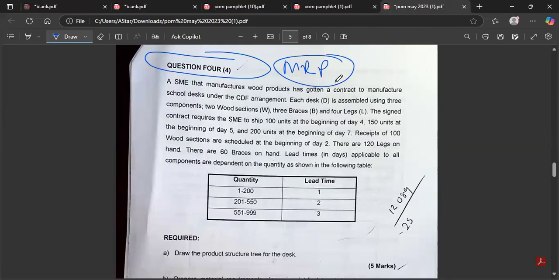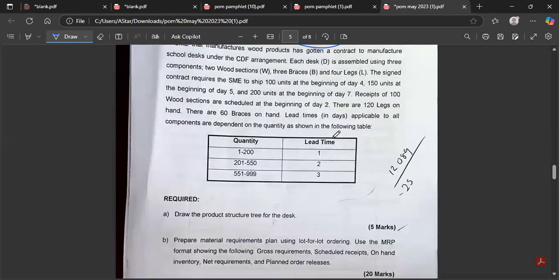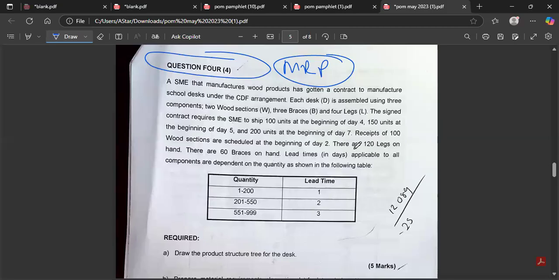Are we together? Let's read the question together. Somebody read the question so that we can start solving together. Who can read the question for us?